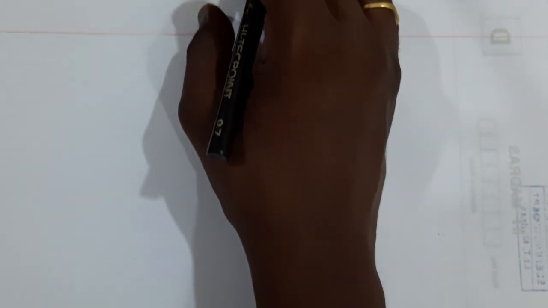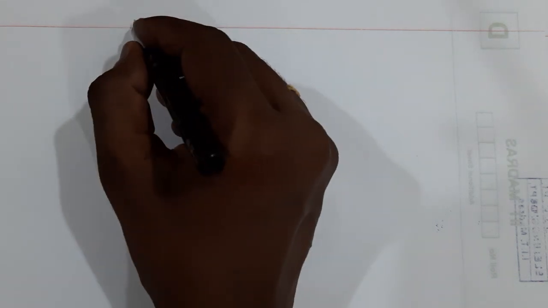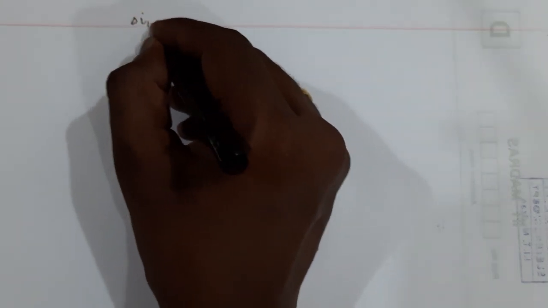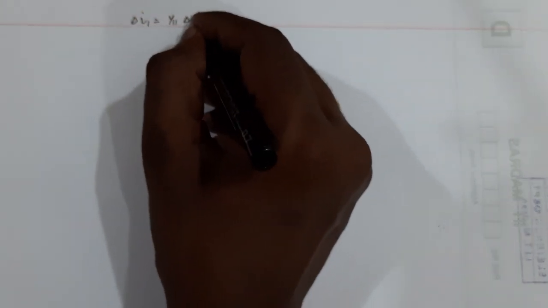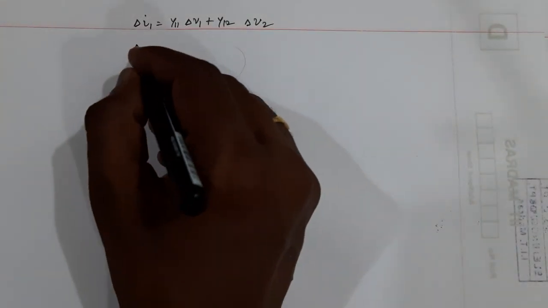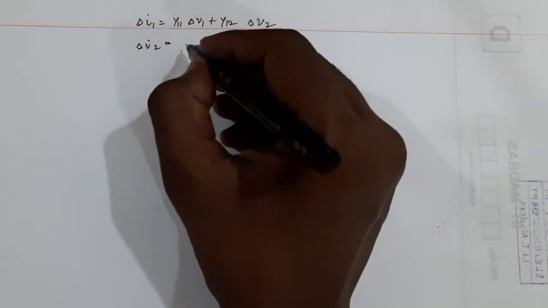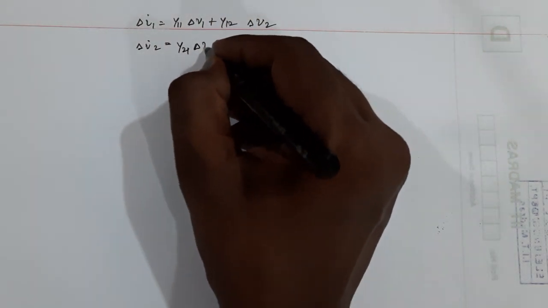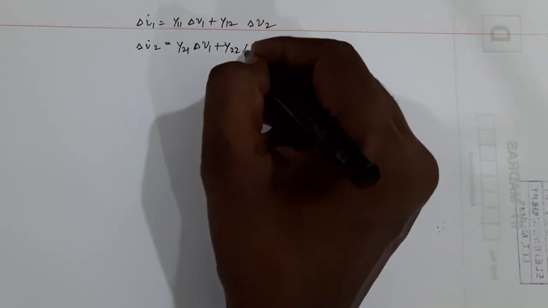Let me rewrite that particular expression here. Delta I1 is equal to Y11 delta V1 plus Y12 delta V2, and delta I2 is equal to Y21 delta V1 plus Y22 delta V2.